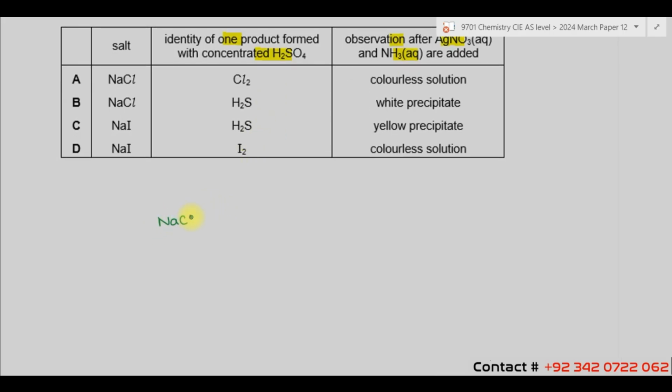NaCl can react with concentrated sulfuric acid to form NaHSO4 and release HCl. This HCl does not further react with H2SO4, so HCl is not one of the products. Second part is sodium iodide. Sodium iodide can react with sulfuric acid in several steps to form different products.